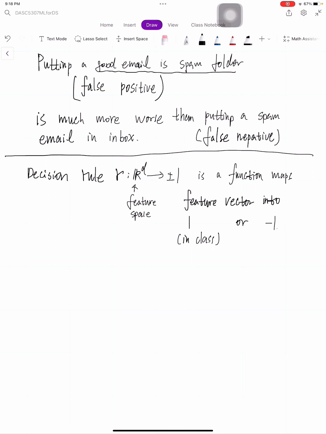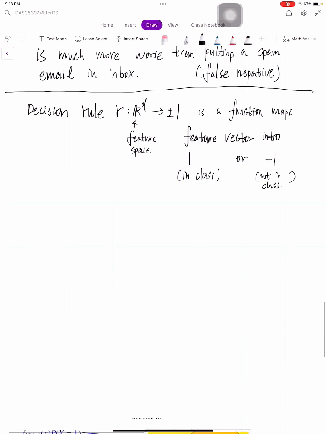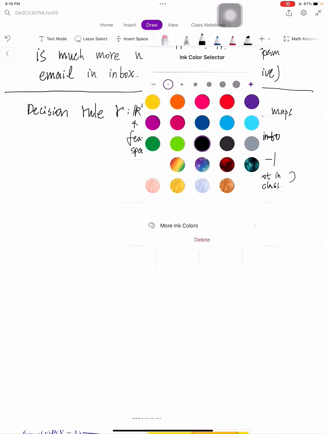Given any decision function, we also call positive one as in the class, and negative one is not in the class we care about. Now we are ready to talk about the risk for each possible classifier.